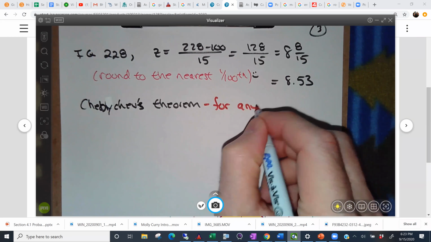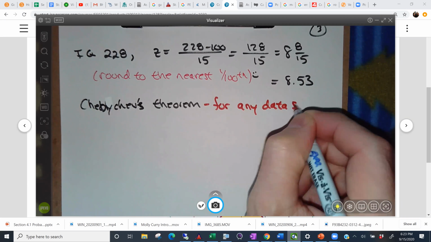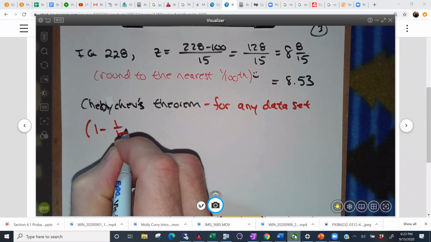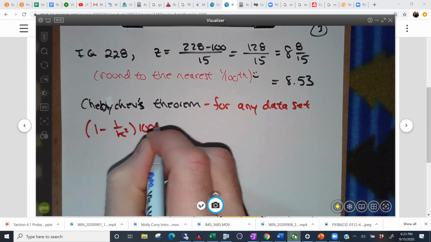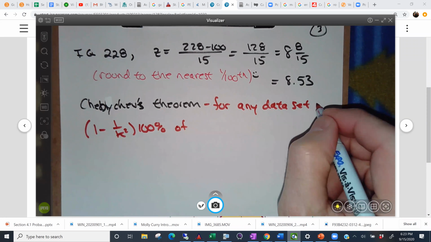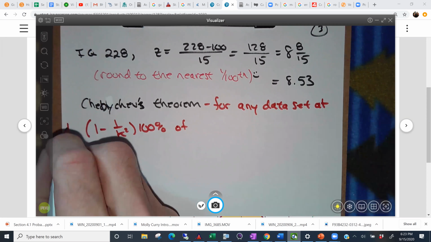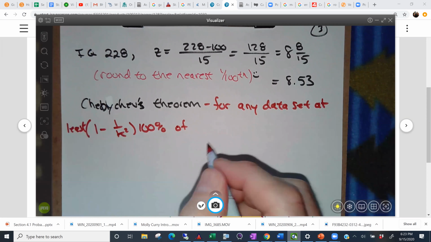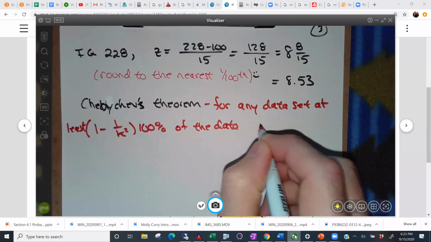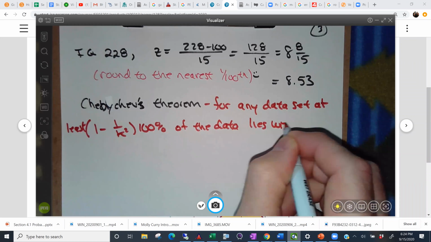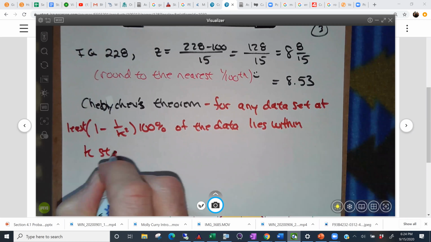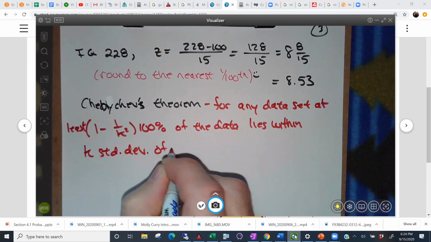For any data set, 1 minus 1 over k squared times 100% of the data, or I should say at least that much of the data lies within k standard deviations of the mean.